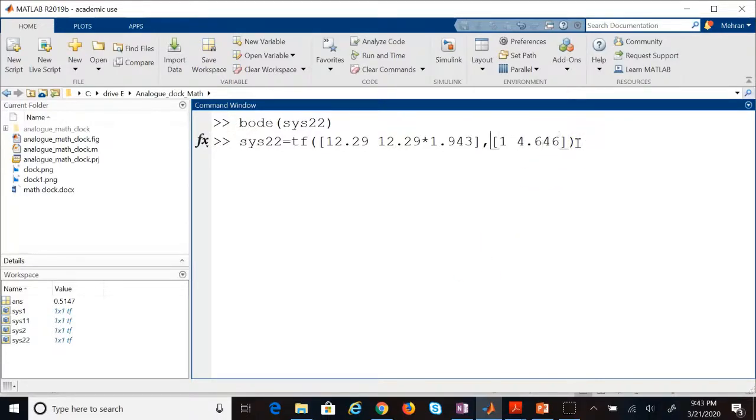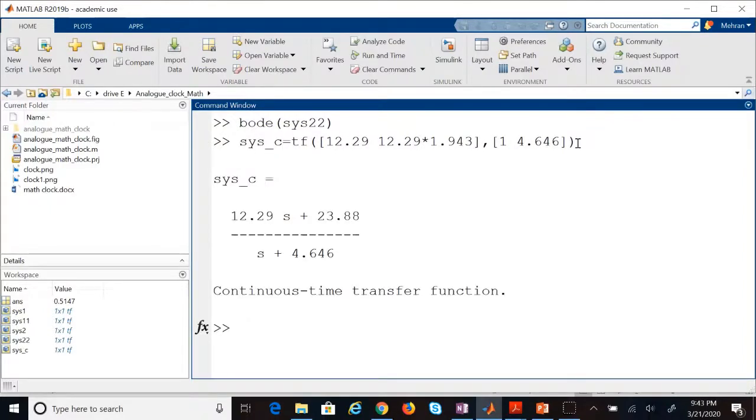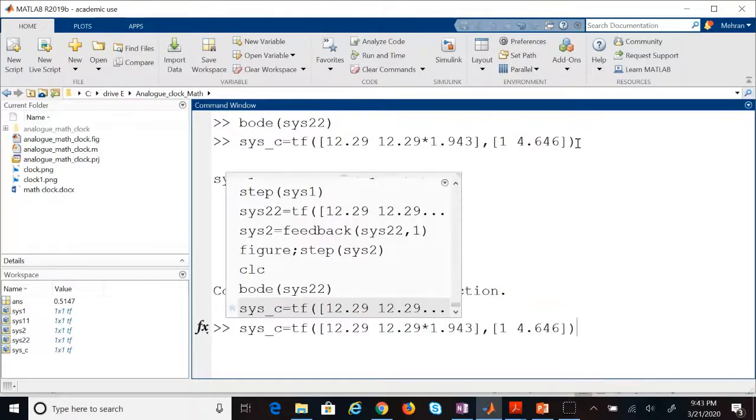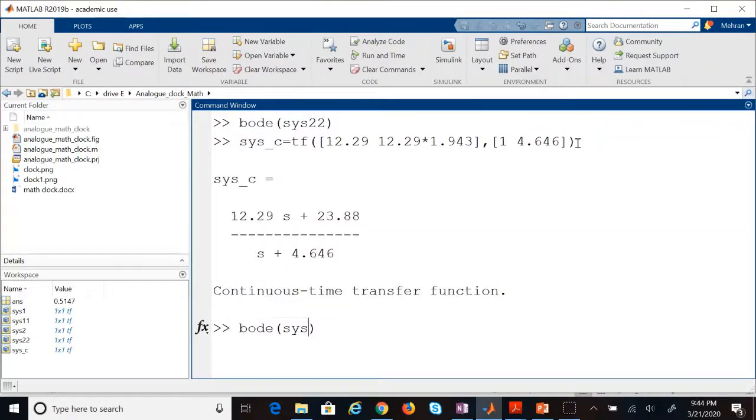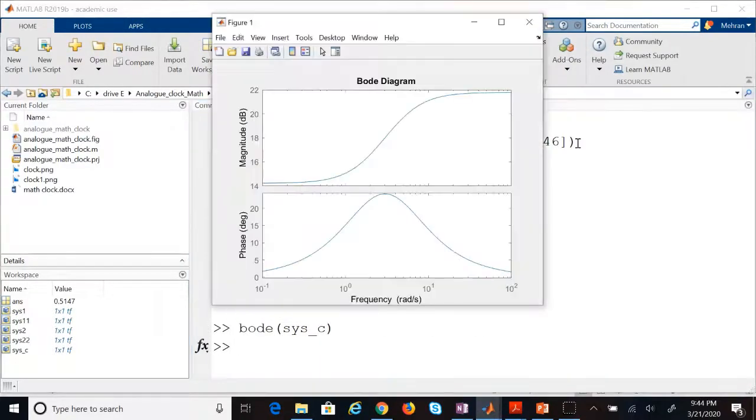So if you call this one to be the compensator, right? So just call it system compensator, this one. And if I do system compensator, there we go. You see the angle contribution here, and the high pass type of behavior.